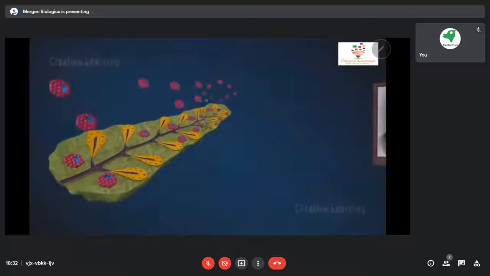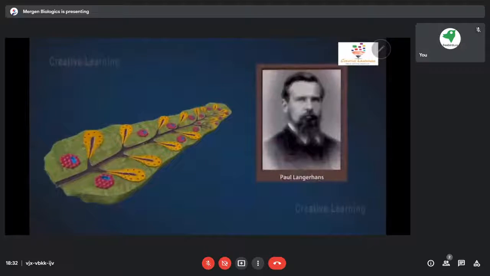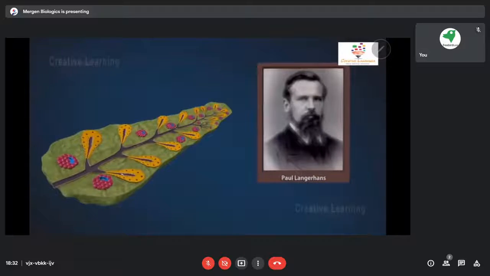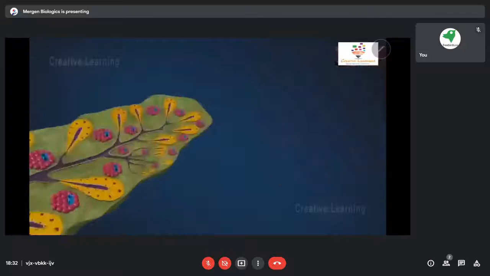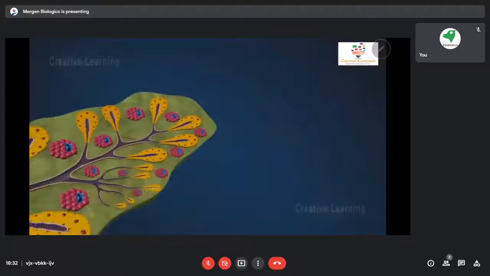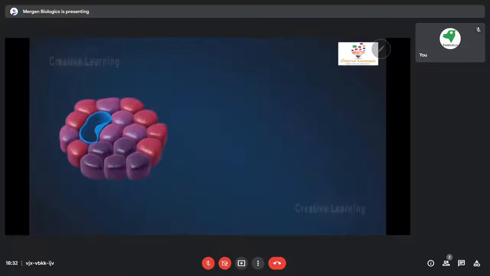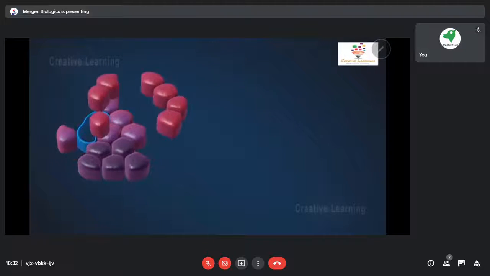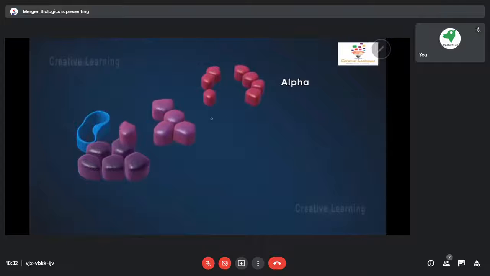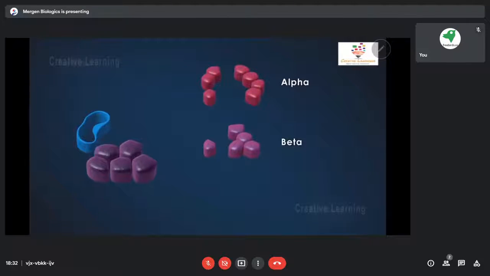These are the islets of Langerhans. They are present in the pancreas. These islets of Langerhans contain three different types of cells: alpha, beta, and delta.